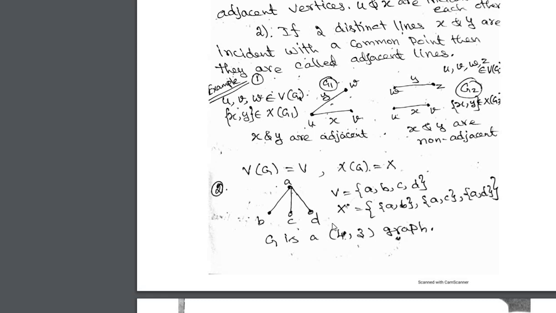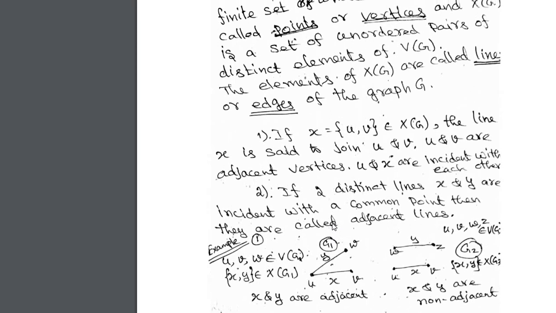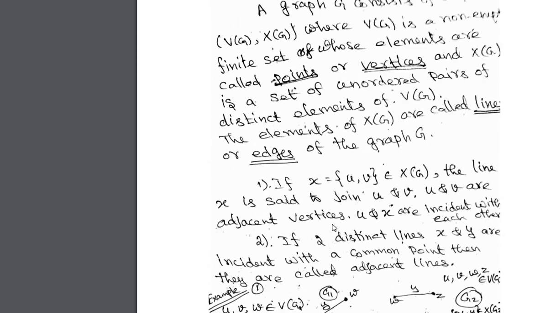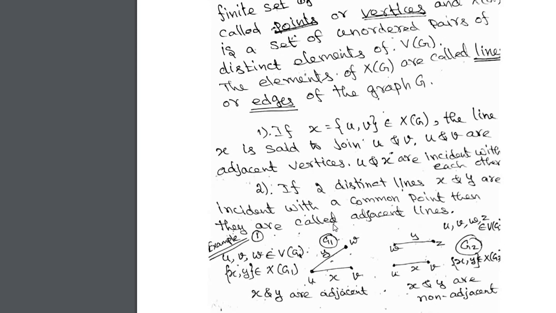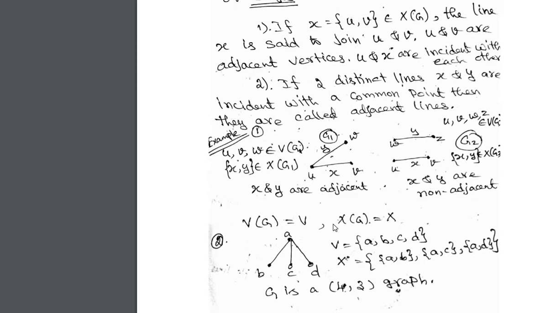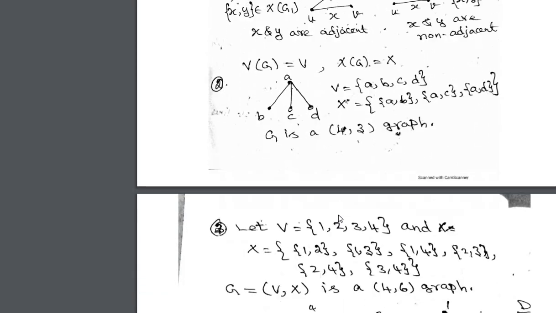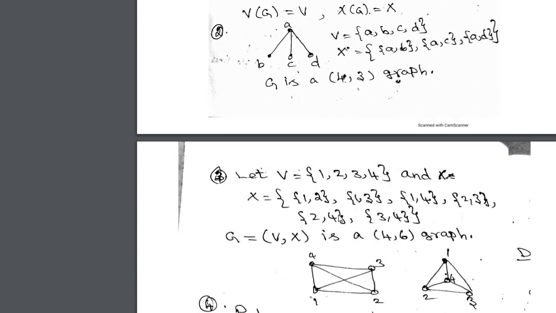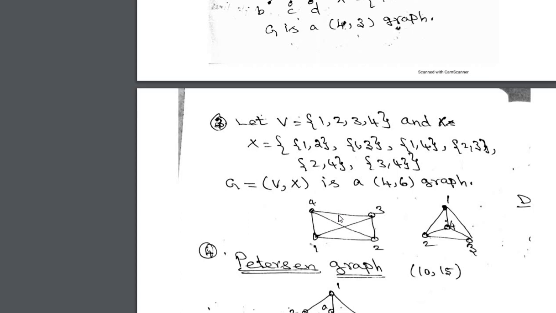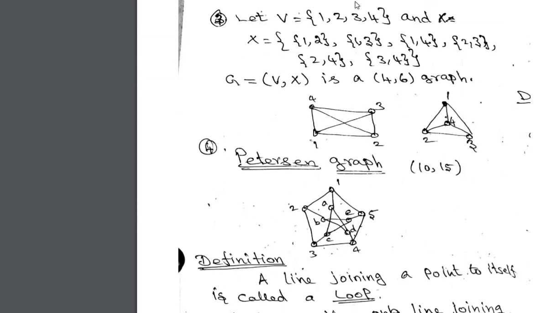So till now you have studied the definition of graph and examples of graphs and adjacent vertices, adjacent edges, and non-adjacent edges, non-adjacent vertices, right? Now we move on to one more example. Let V is equal to 1, 2, 3, 4.